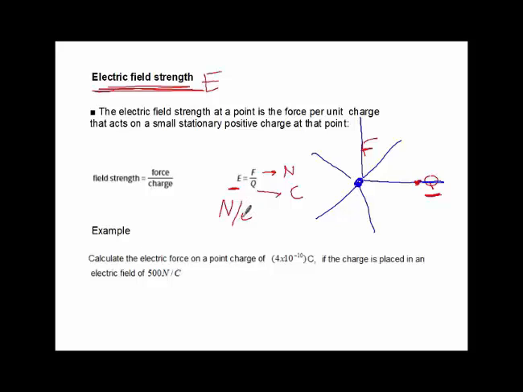This is the SI unit for electric field strength. Again, for simplicity we call it field strength, or electric field, and it is equal to force divided by charge, this charge. That will give us the electric field strength at this point.